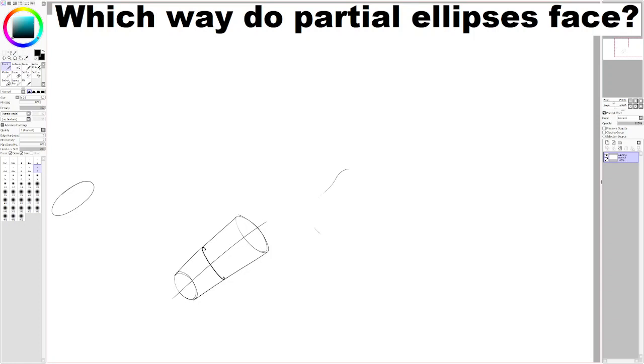Like, I don't really know what to call it, but I remember there was this exercise I did a while ago, and it was like sausage forms sitting in 3D space. And like one of the sausages was kind of like a bit flattened by the other.